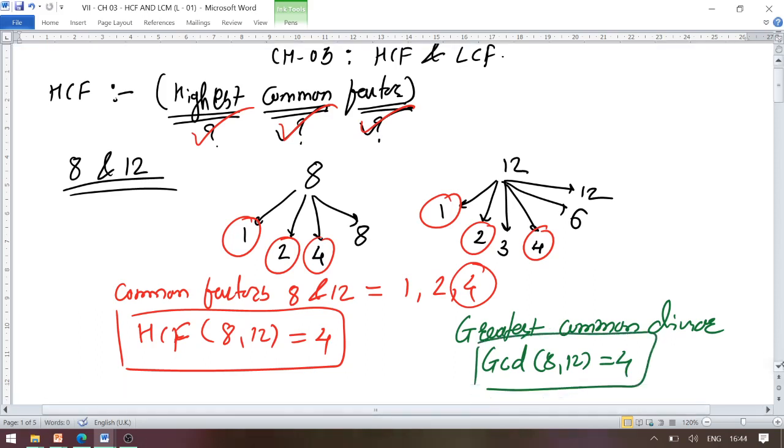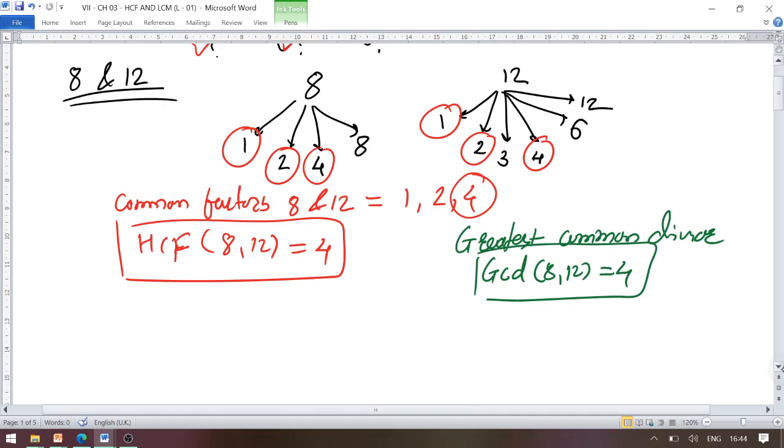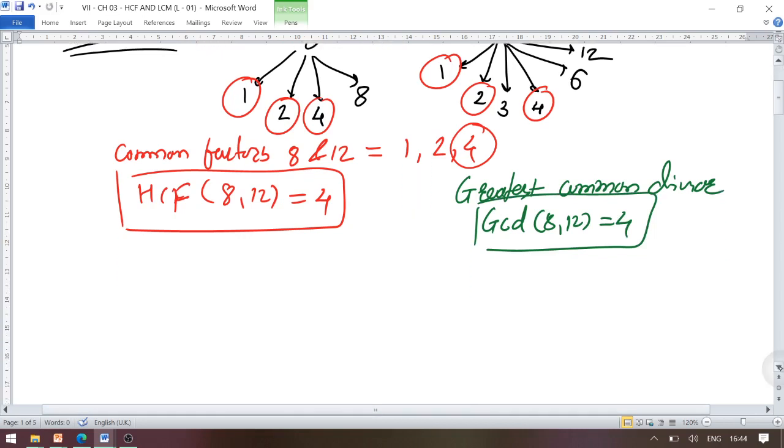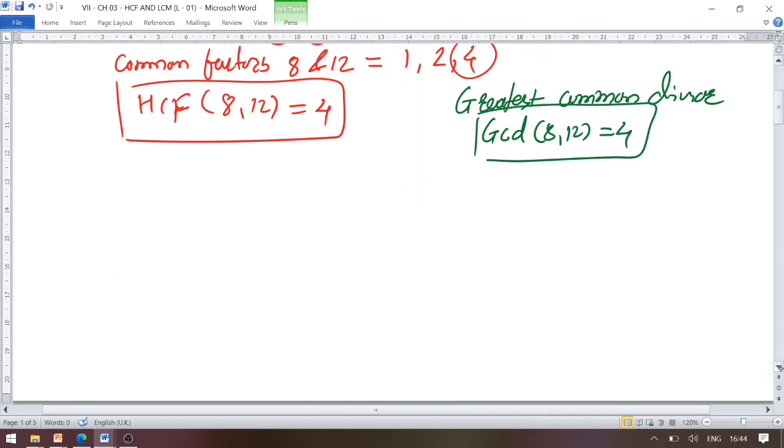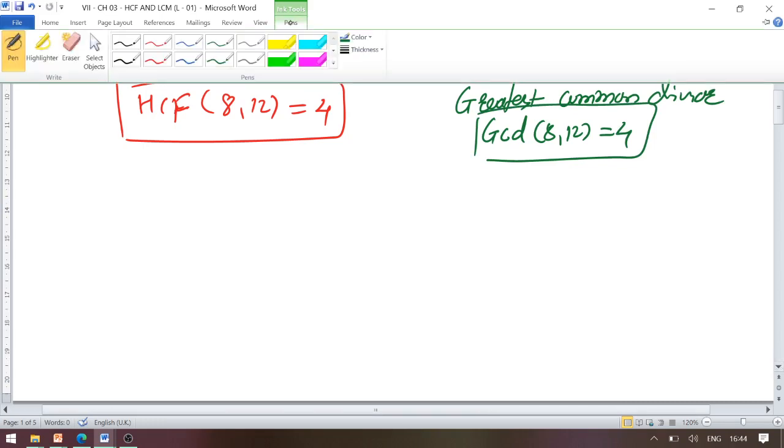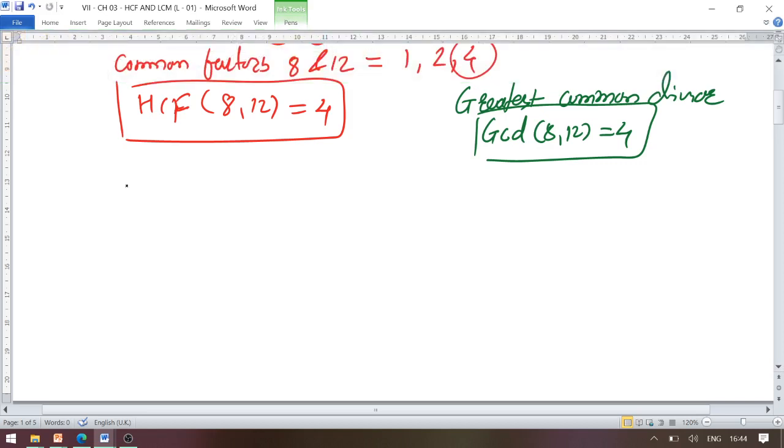We have a second method also for finding the HCF, or we may say the greatest common divisor, of the given numbers. Let me explain the second method. First of all, try to express 8 as the product of its primes and simultaneously 12 as the product of its primes.